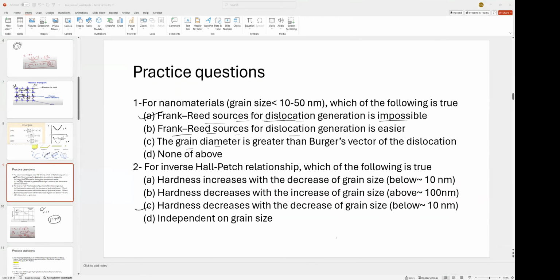If the Hall-Petch relationship was true, as you decrease particle size, the strength should increase, so hardness should increase. And that is only up to 10 nanometers. Less than 10 nanometers, the inverse happens. As you decrease d, your sigma decreases, so your hardness is decreasing.